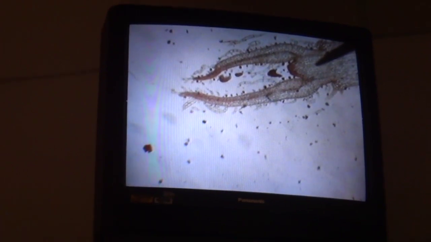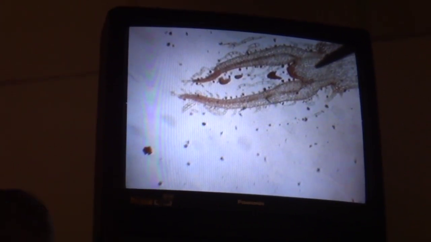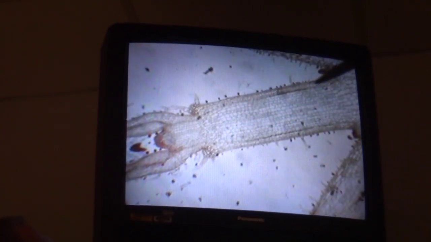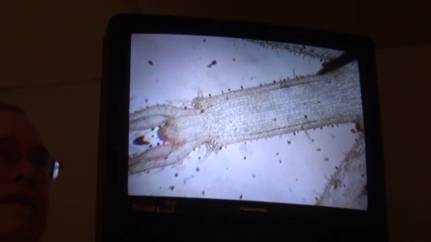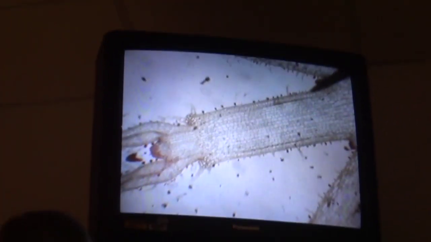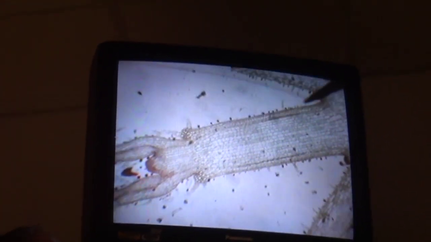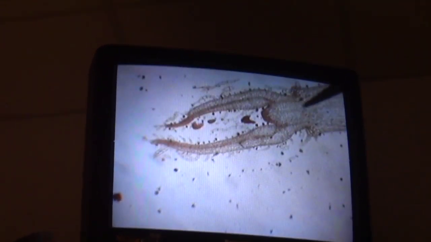Ground meristem. That's right. So if I move back here, what tissue is that? Epidermis, yeah.